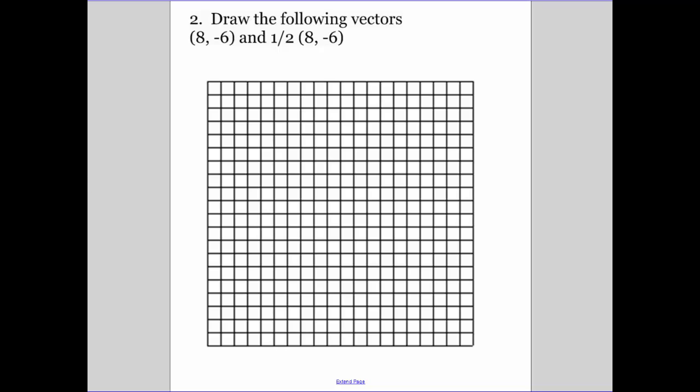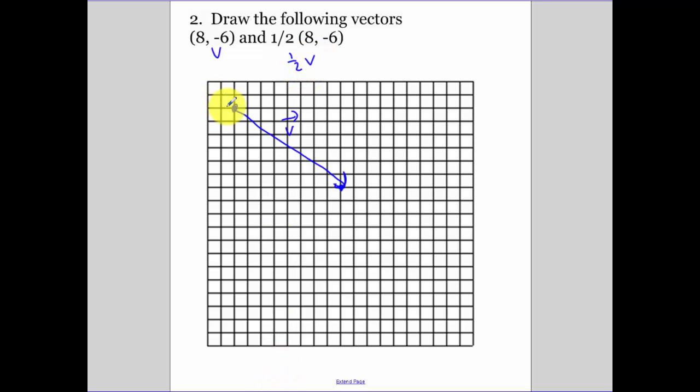Draw the following vectors. Now, when you're drawing vectors, you can draw them anywhere in the plane. So I know I go positive 8, but negative 6. So make sure you have enough space in your plane. So I go positive 8, negative 6. If I'm going to call that vector v, say, this is going to be half of v.